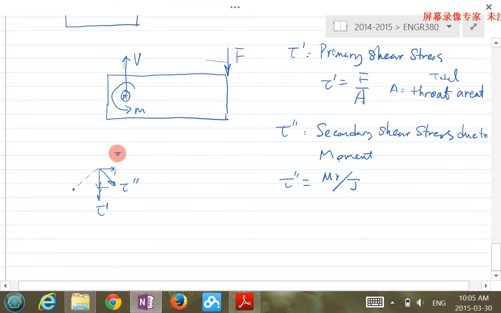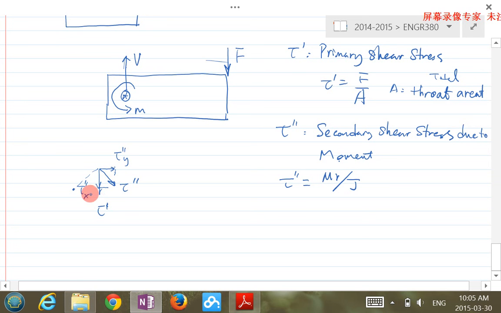So let's call it tau double prime x and tau double prime y. It really doesn't matter how you name them. Maybe this should be y here because x, y coordinates satisfy a right-hand rule. So you decompose that into the two directions here.